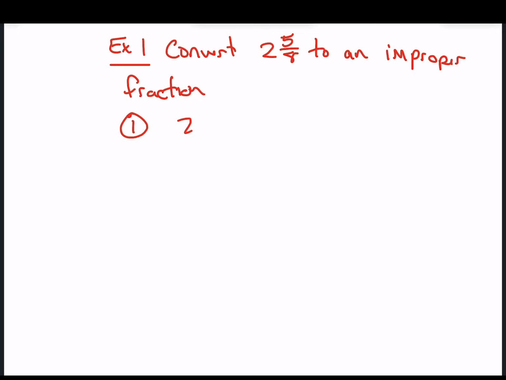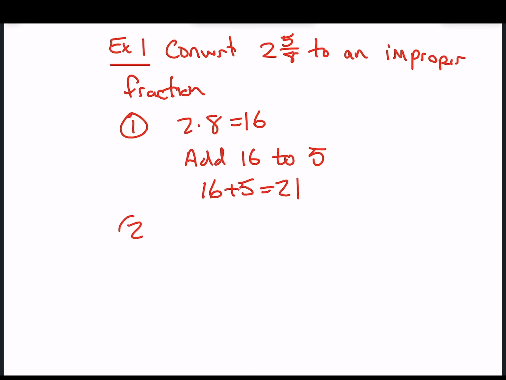So we get 2 times 8, which is 16. And then we add the 16 to our numerator, which is 5. 16 plus 5 gives us 21. And our second step tells us that we take the result from step 1, which is 21, and we put it over our original denominator from the problem, which was 8. So we converted 2 5/8 to an improper fraction, which is 21 over 8.